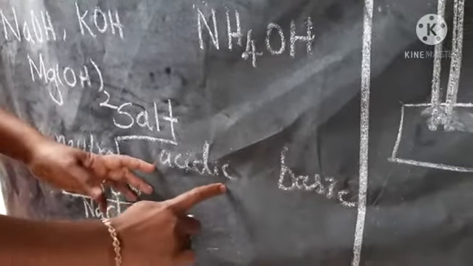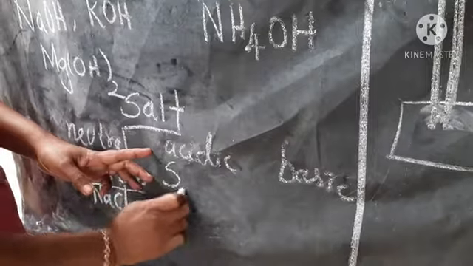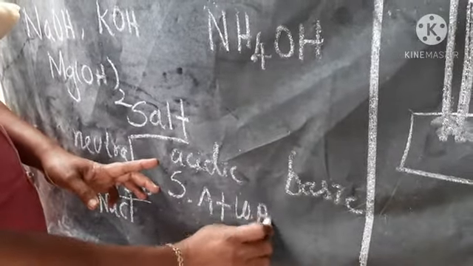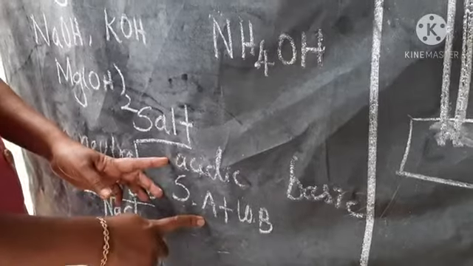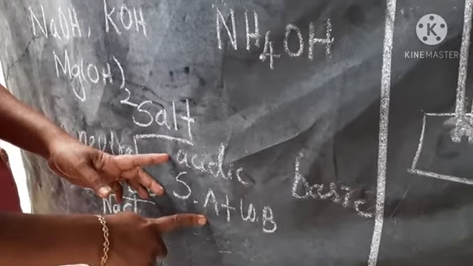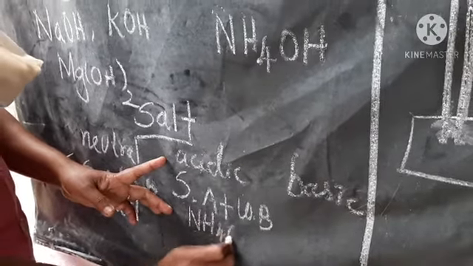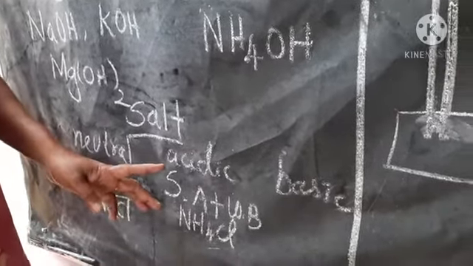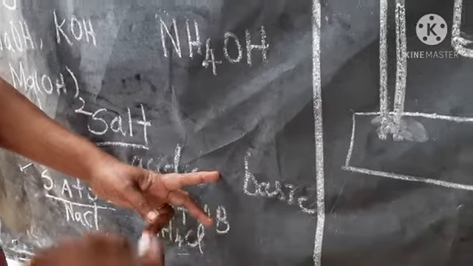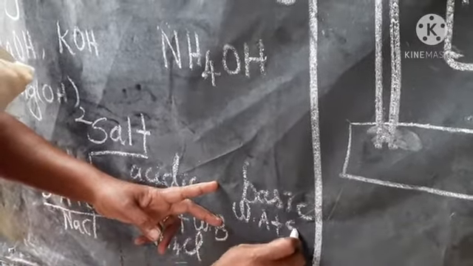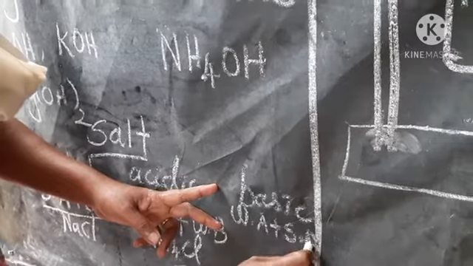Suppose the salt is formed from a strong acid but a weak base, that is an acidic salt. For example, ammonium chloride. What about basic salt? It is formed from a weak acid but a strong base.